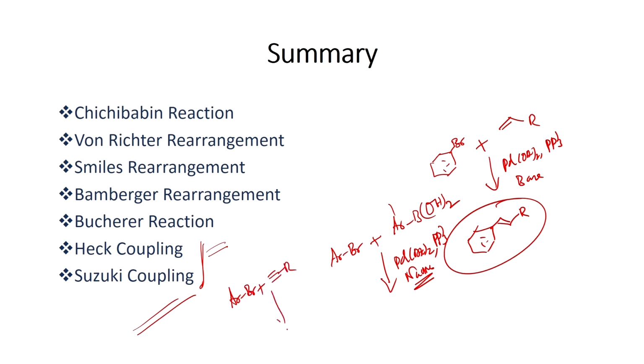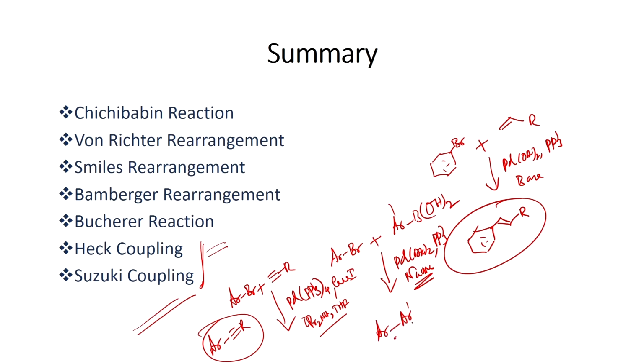For example, using tetrakis(triphenylphosphine)palladium, copper(I) iodide, and diisopropylamine in THF solvent, you can also couple. In this way, you will be able to form the substituted alkyne derivatives. You can make the styrene derivatives using the Heck reaction, and the biaryl system using the Suzuki coupling reaction.